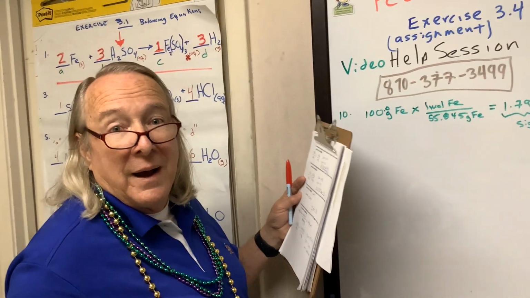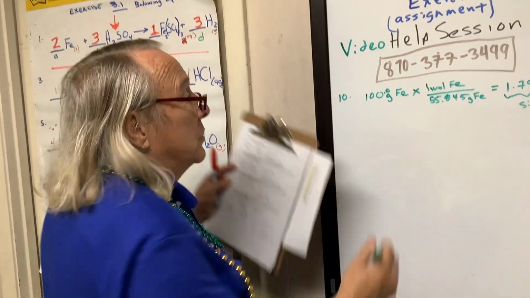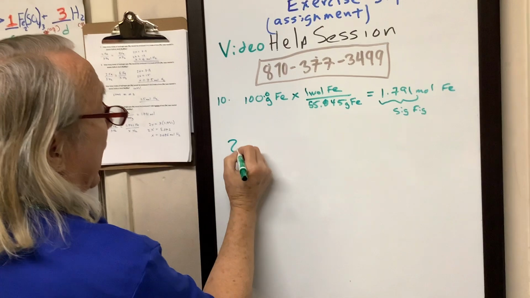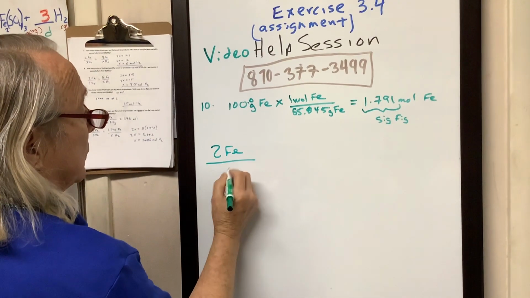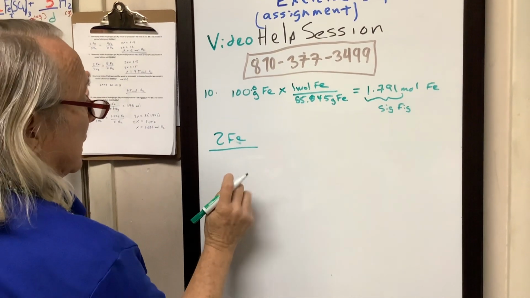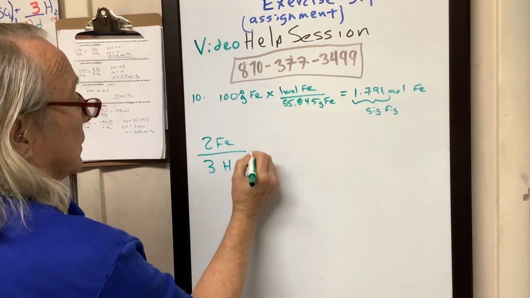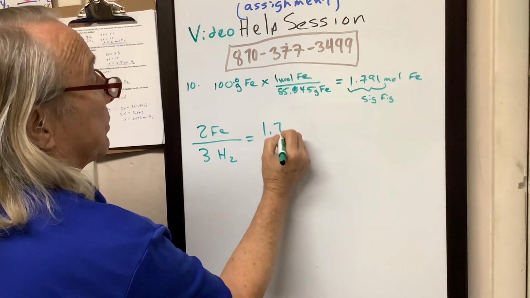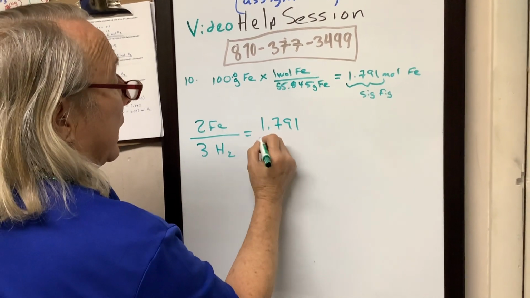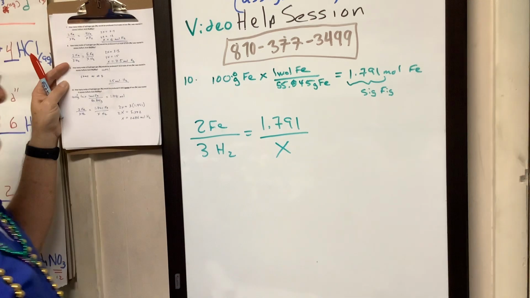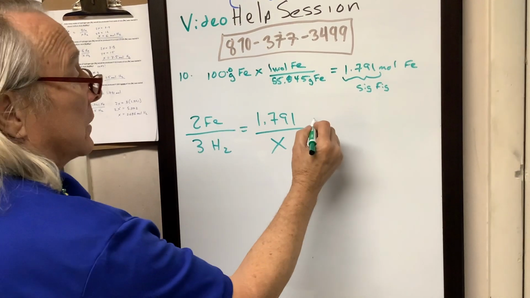It's the same as these. Not even numbers, who cares? For every 2 iron, I produce 3 hydrogen. So what happens if I start with 1.791 moles of iron? How much hydrogen will I produce? The same thing.